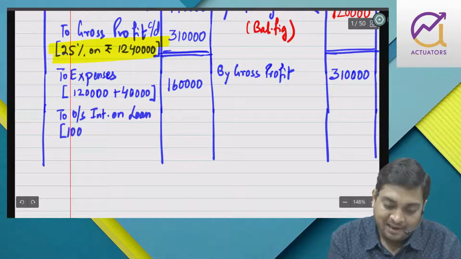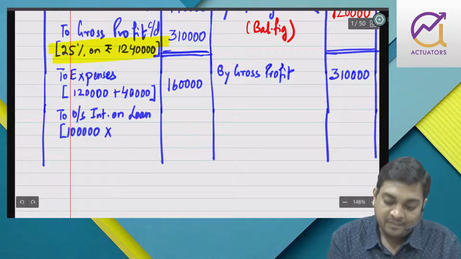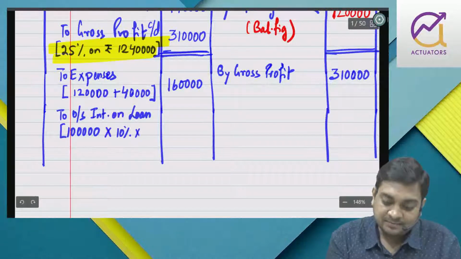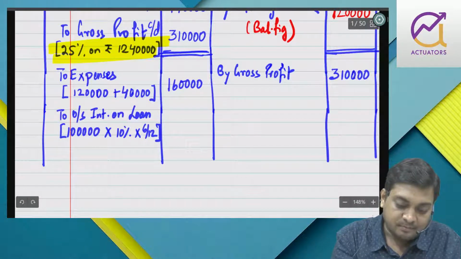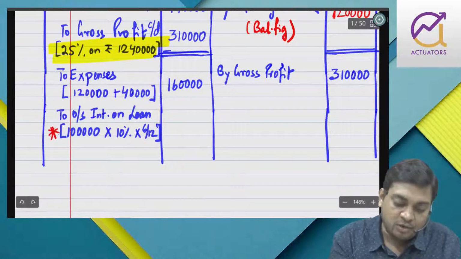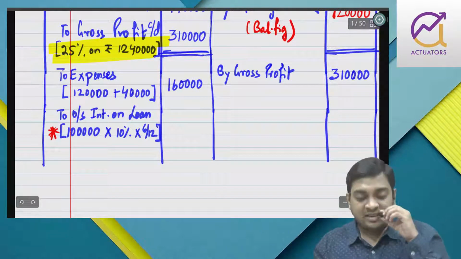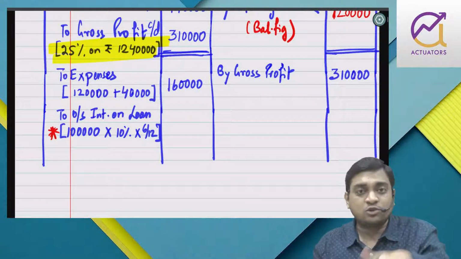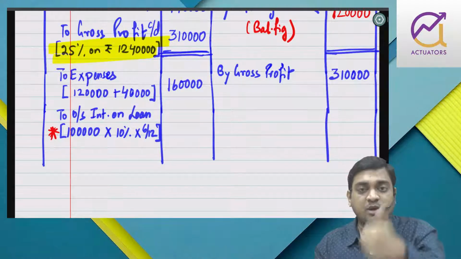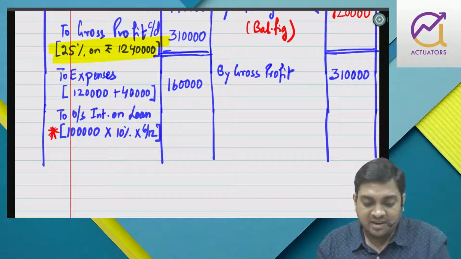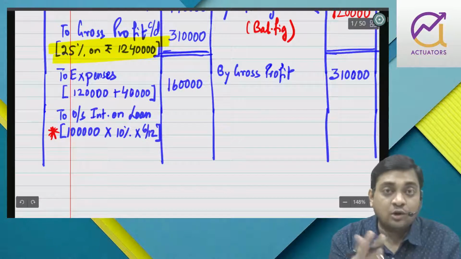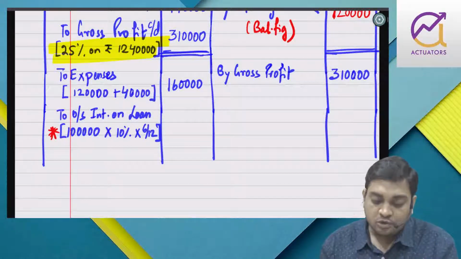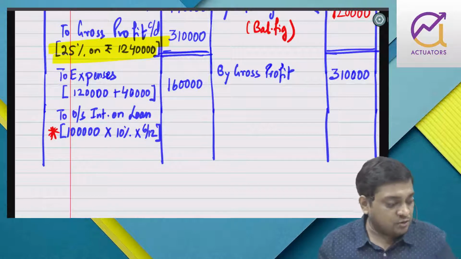So on 1 lakh into 10% into 6 by 12. Usually you will miss out this. Many students will miss this, but no need to worry. Still your balance sheet will tally. The only difference will be, since it has two effects: one is reducing the profit, another is that it will come on the liability side. But still you have to be careful, why lose 2 marks even if less. So 1 lakh into 10% into 6 by 12 comes to 5,000, I guess.